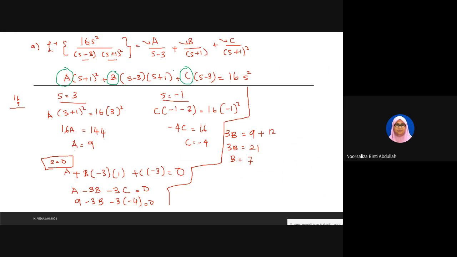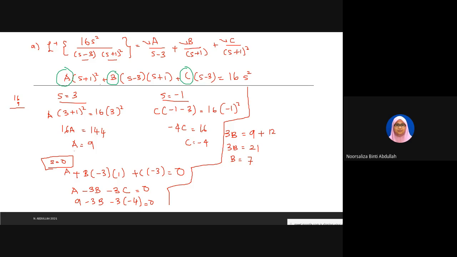Faham tak? Faham. Okay, katalah kita nak cari A, we try to make B and C tu 0. Kalau kita nak cari B, kita try A dengan C untuk dapat kosong. Macam tu juga kalau kita nak cari C, we try supaya A dengan B tu kosong.